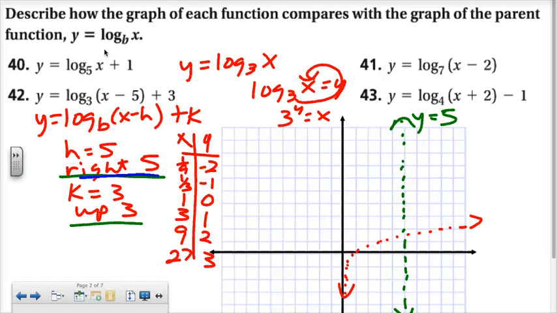So now I want to go ahead and move my graph right 5 and up 3. About there.